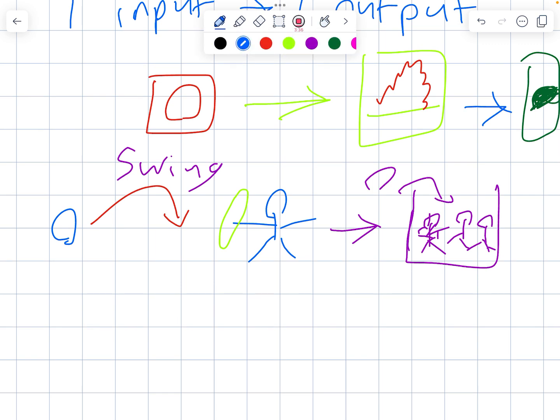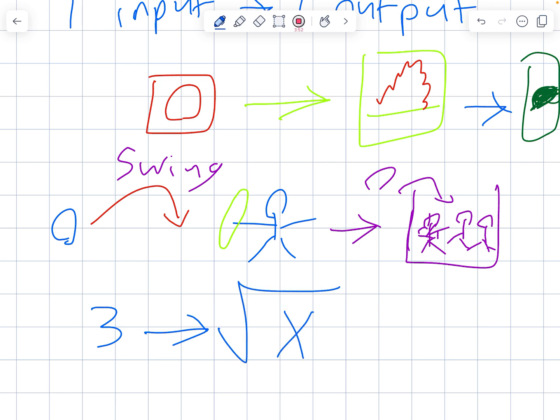Let's use numbers. And I won't spend too long on this because we do have some more notation to learn and get through today. But if I put a number, let's say 3, into a function that we're very familiar with, which is a square root function, where x is a placeholder, I can put any letter I want under that square root. We just like to use x.